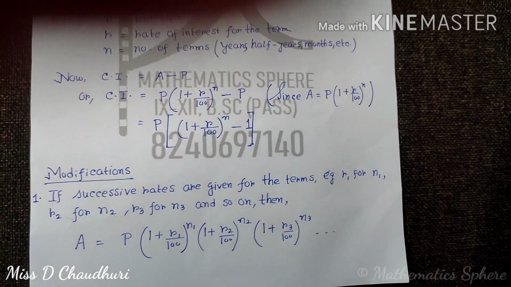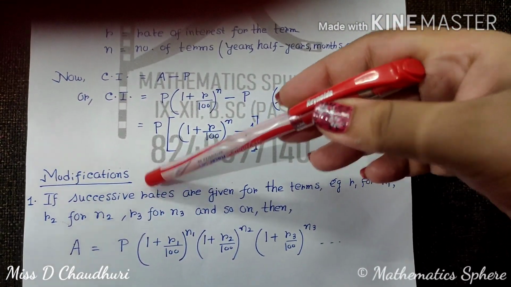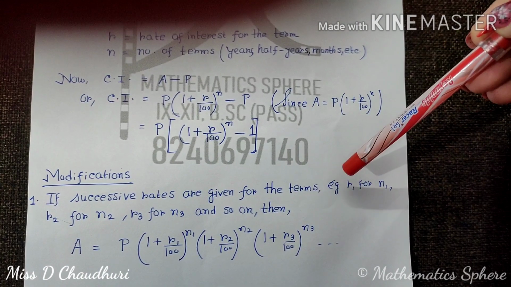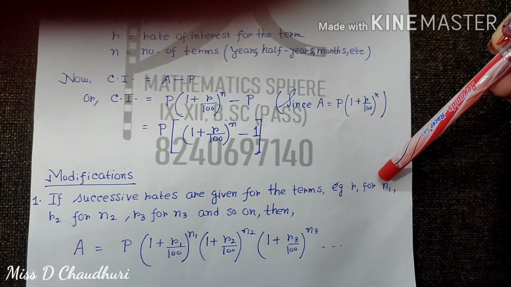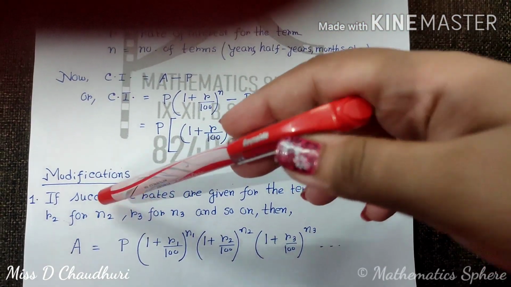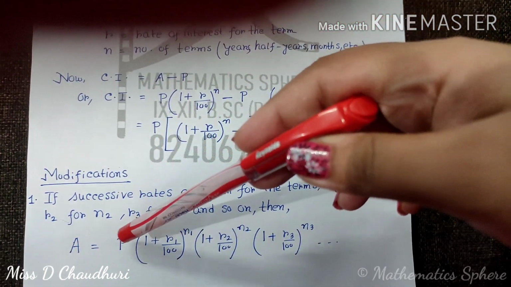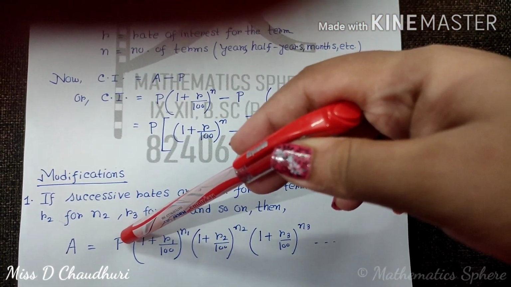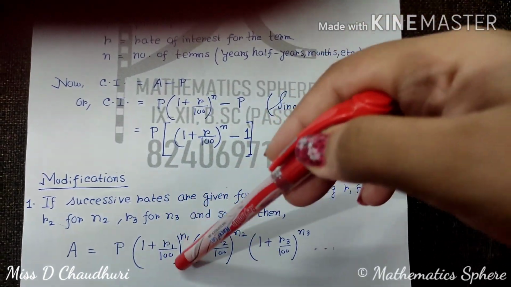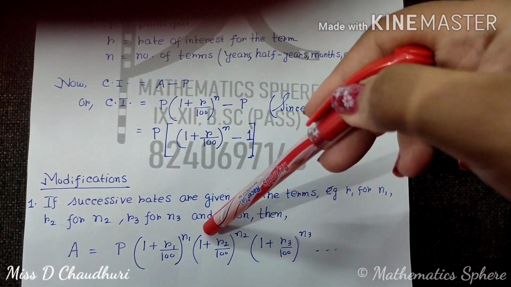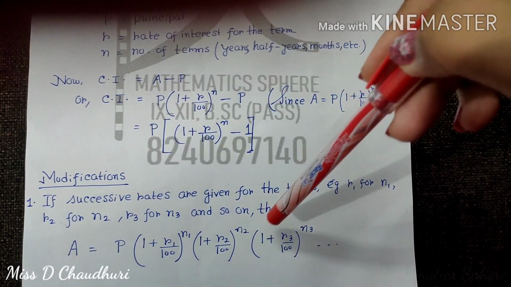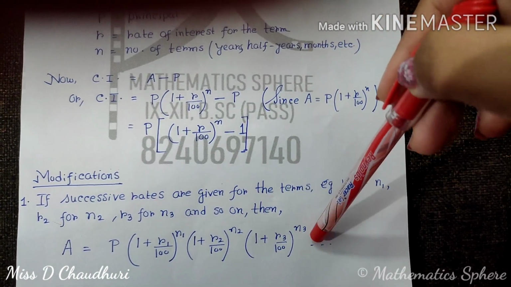See, if they tell you that R1 rate is there for N1 terms, R2 for N2 terms, and R3 for N3 terms, then the formula is like this: A equal to P into 1 plus R1 by 100 whole to the power N1, 1 plus R2 by 100 whole to the power N2, 1 plus R3 by 100 whole to the power N3.